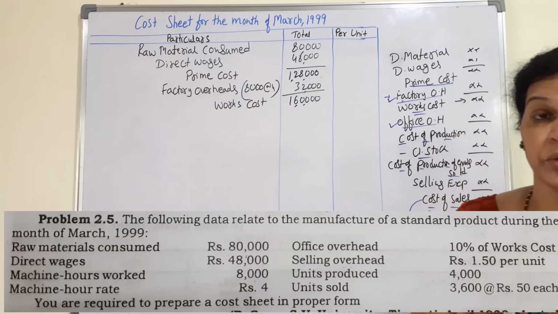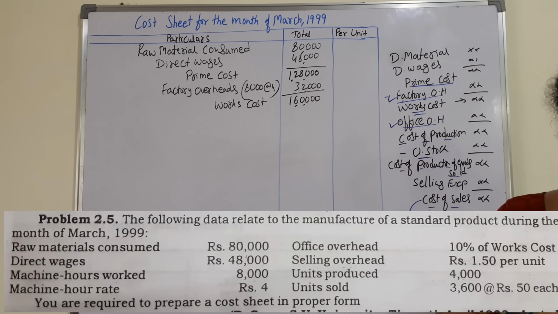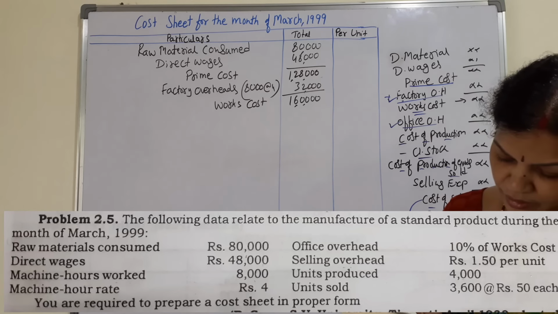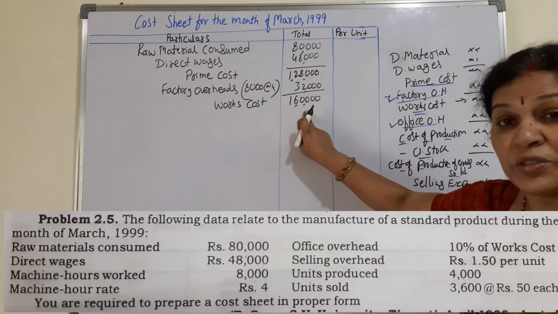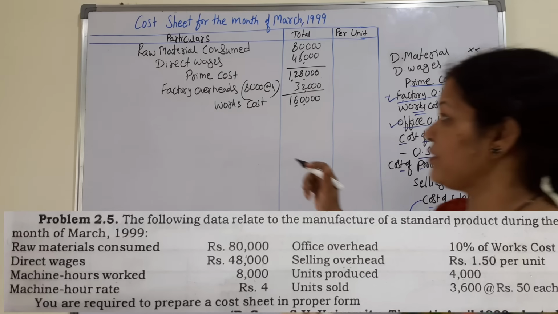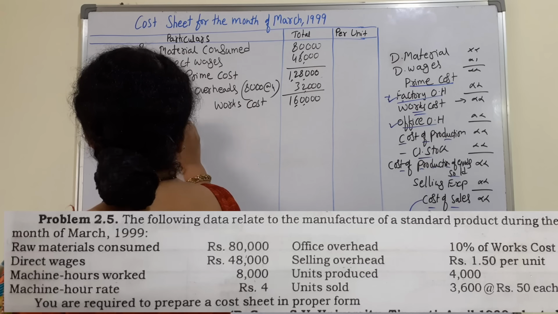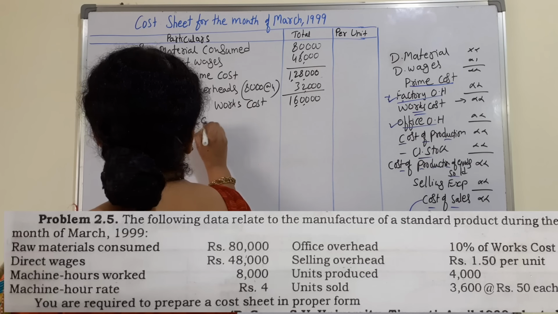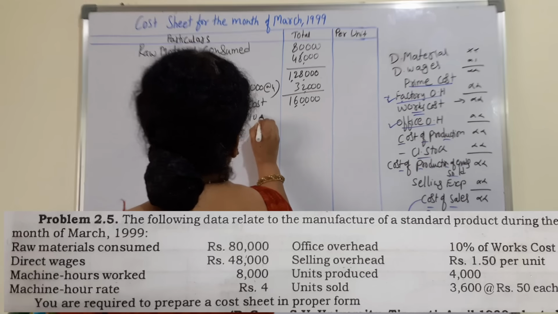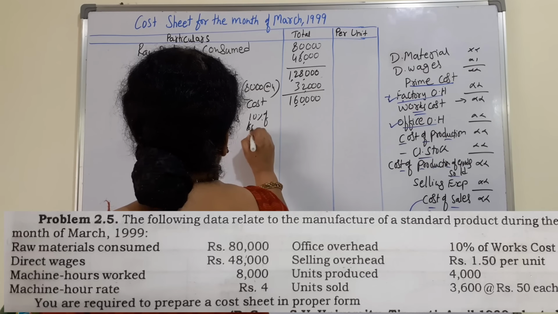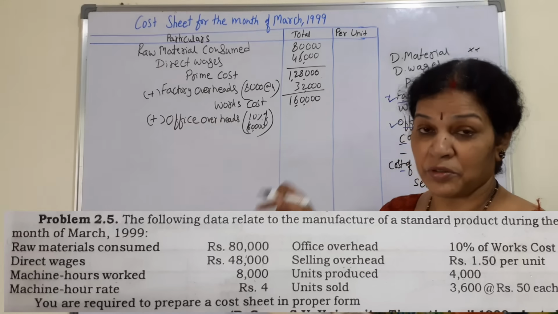Works cost, you got it. To that what we have to add? Office overheads. What are they saying here? Office overheads, 10% of works cost. 10% of this will be the office overheads. So now add office overheads, 10% of 1,60,000. In brackets I am saying because they said 10% of works cost.